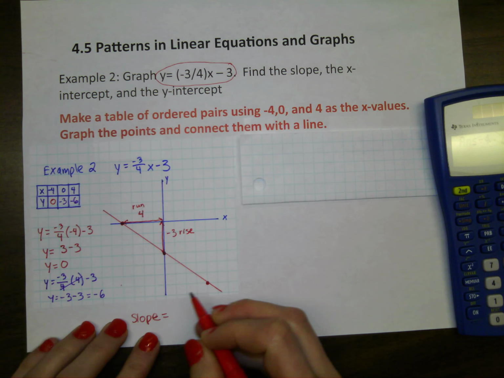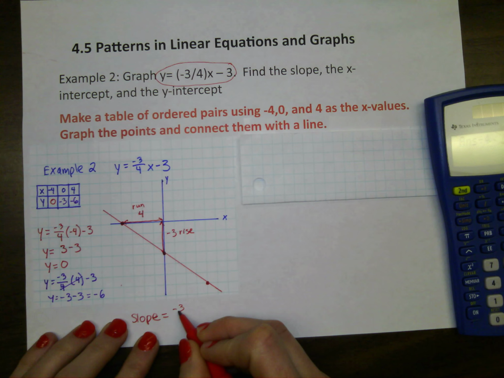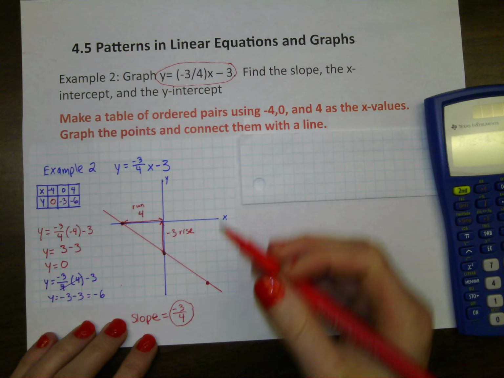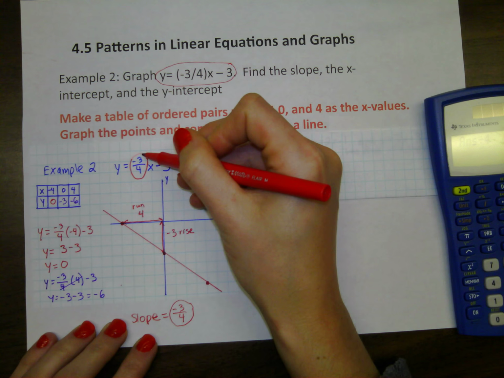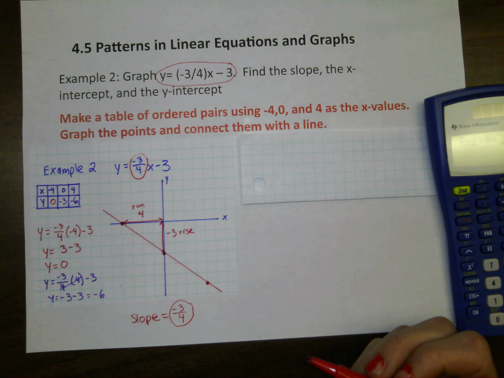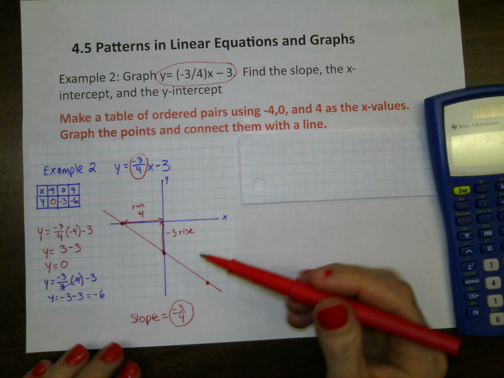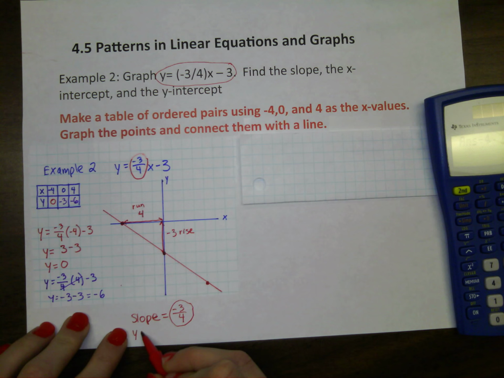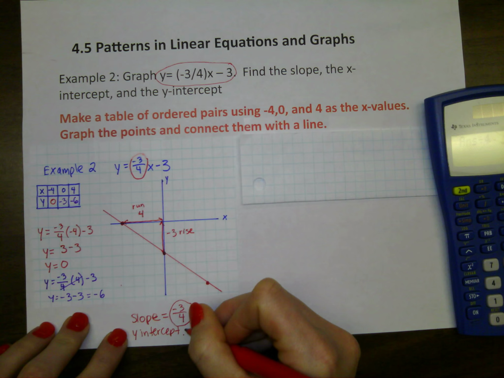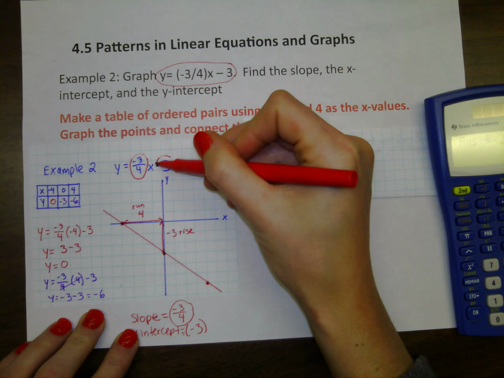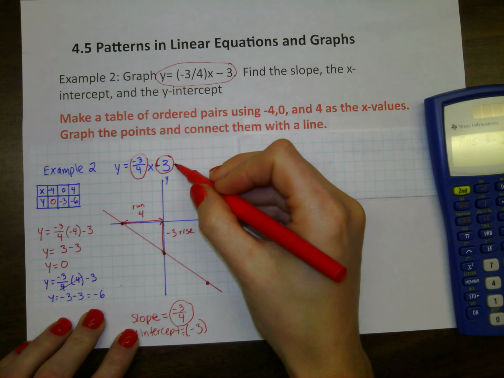We can also find our slope, which in this case is, this is going to be moving 4 for our run, -3 for our rise. So our slope equals -3 over 4.